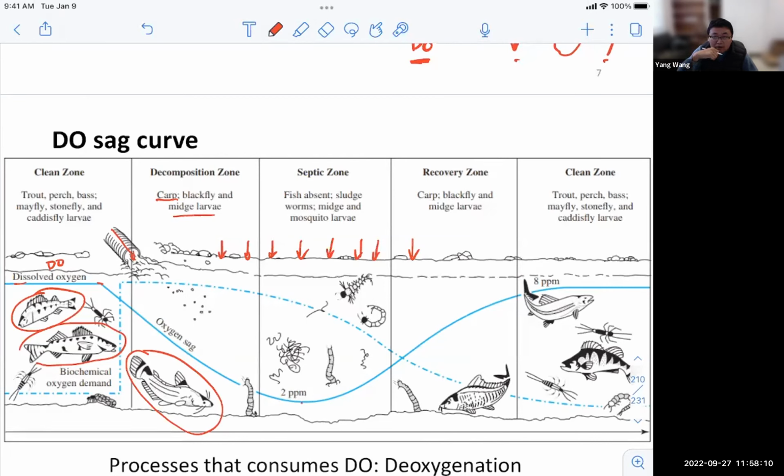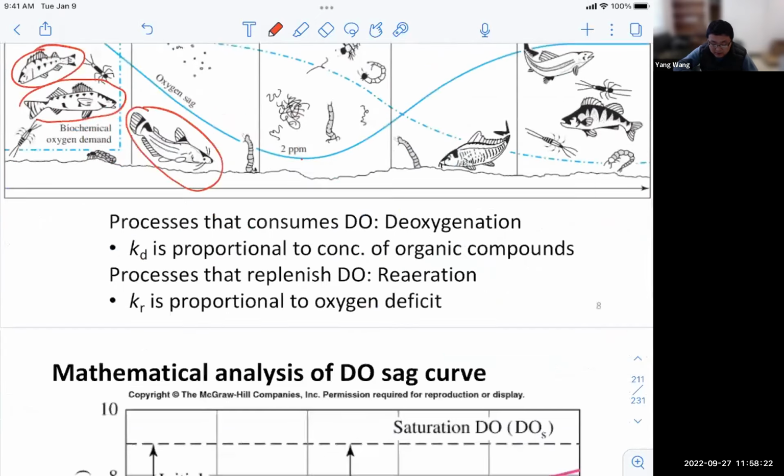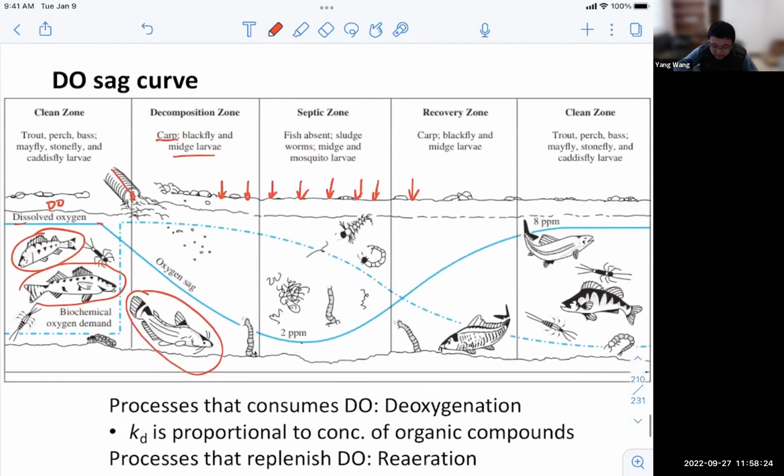So basically, the higher level of living species will become diminished, and now what you have is just some insects or some bacteria inside. And then there's the recovery of the oxygen concentration, because our atmosphere is pumping oxygen into the water. Now you have the carp back.